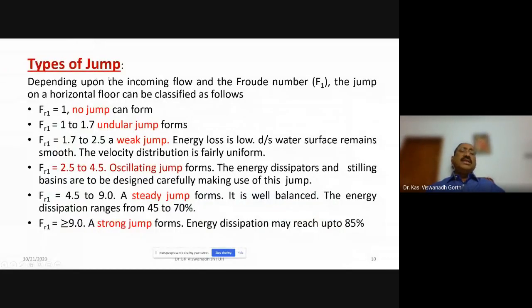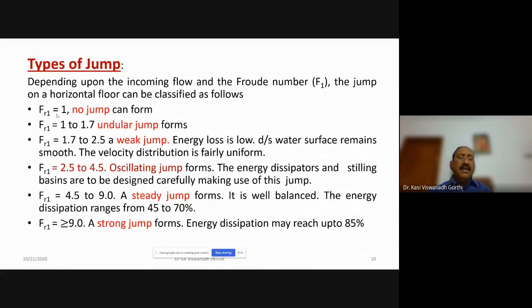Coming to the theory of this hydraulic jump and its formation, let us try to understand what types of jumps are there. Depending upon the incoming flow and the initial Froude number Fr1, the jump on a horizontal floor can be classified. If the initial Froude number Fr1 is equal to 1, there will be no hydraulic jump formation. If the Froude number is less than 1, the flow becomes subcritical.